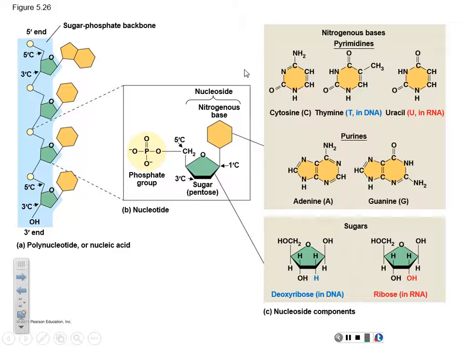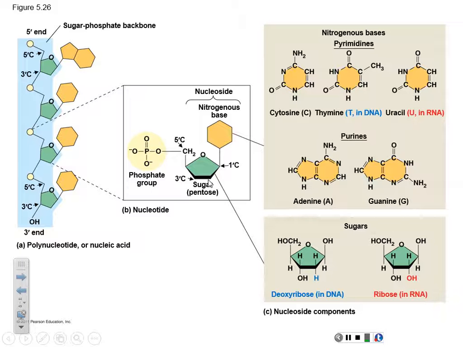But let me point you to some of the key features of a nucleotide. So just like amino acids, there's this core part of all nucleotides, and then there's this one little variable part. The core part of a nucleotide is a 5-carbon sugar. In DNA, it's deoxyribose, meaning that one of the oxygens, one of the hydroxyl groups, is missing from the 5-carbon sugar.